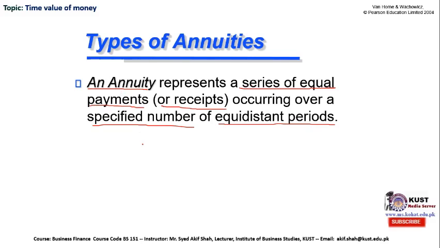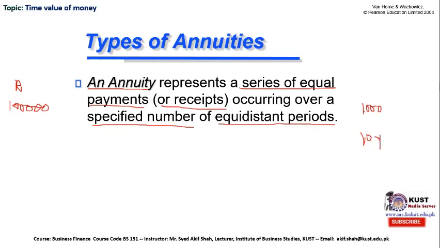While if you are an investor and you have put a certain number of dollars in that bank account and that bank is going to pay you out a certain number of dollars as interest or profit, then that annuity will be considered as receipts. Let's suppose you have invested $100,000 in a bank account, and this Bank A is supposed to pay you out $1,000 at the end of each year for the next 10 years.